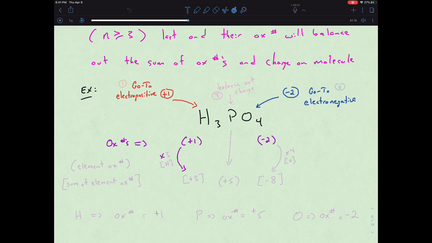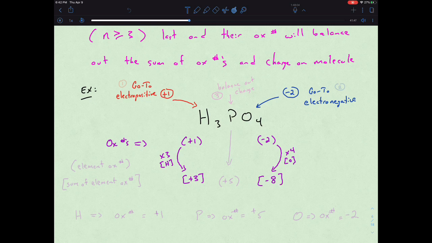right? This would be times 3 because of our number of hydrogens, so we end up with a total of a +3 sum of oxidation numbers for the hydrogen. If we do the same thing, we would multiply our oxygens by 4 to get its total sum of oxidation numbers, which would be a -8.